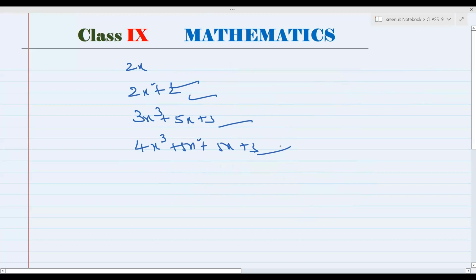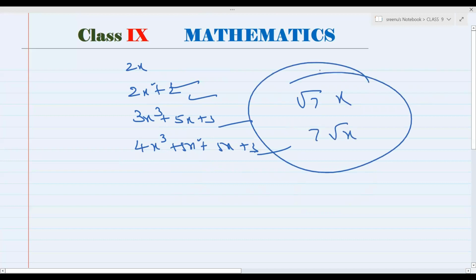The number of powers. See here, I will tell you an example. Root 7x, 7 root x, is it a polynomial? Confused? Akansh? Root 7x, 7 root x, is it a polynomial?